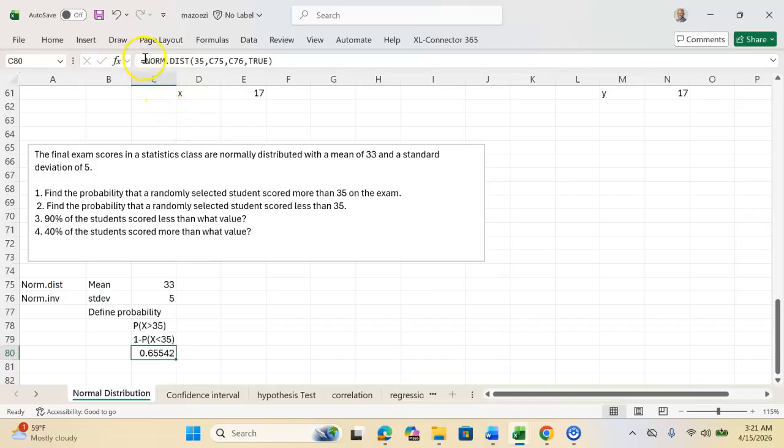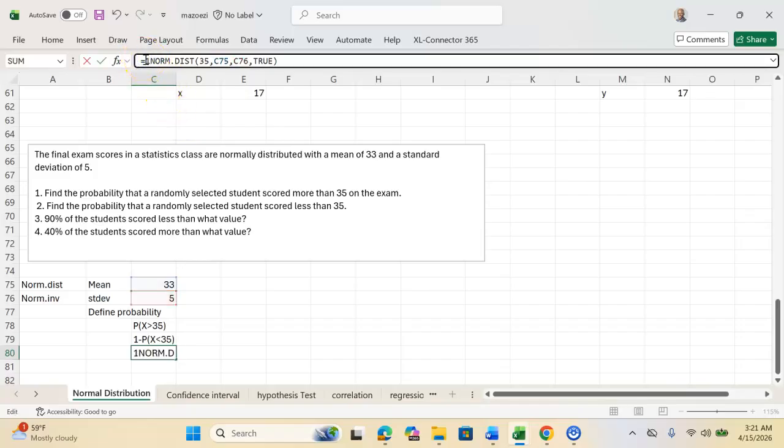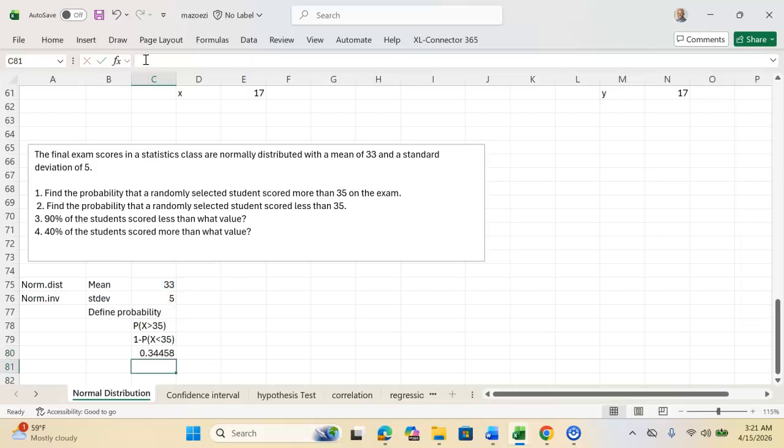We need to put 1 minus, and enter. So the probability that a randomly selected student scored more than 35 on the exam is 0.34458. That's all for the first question.